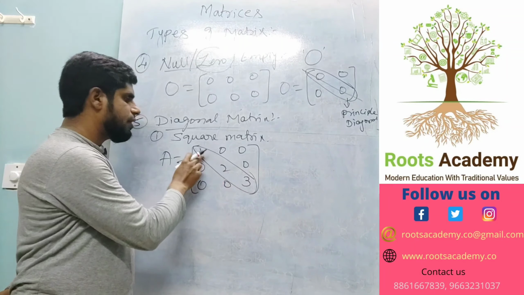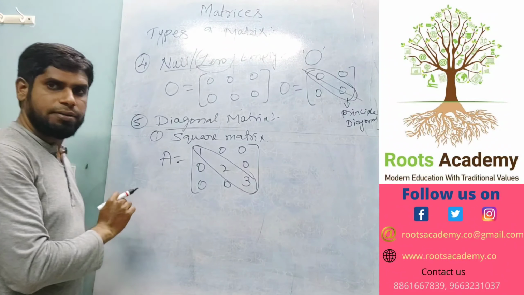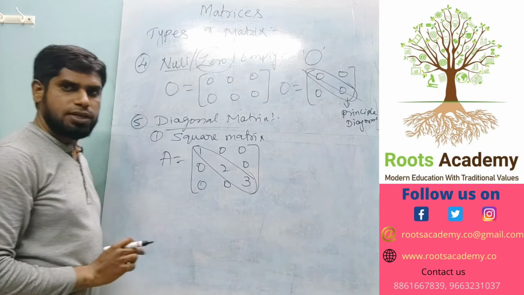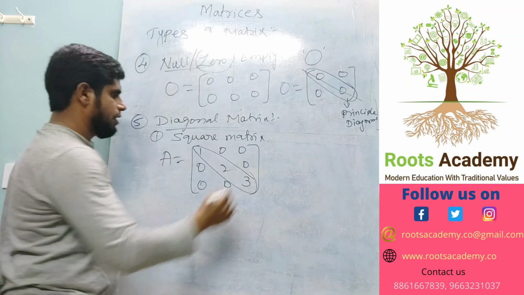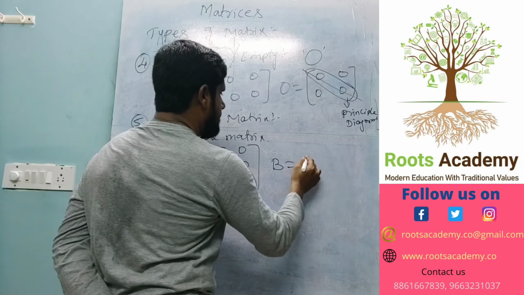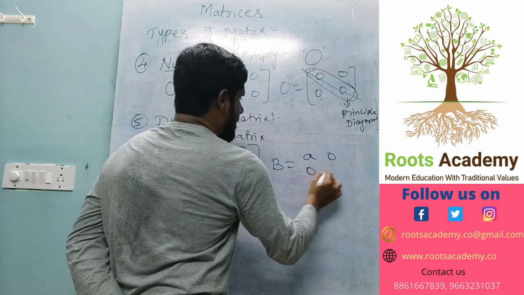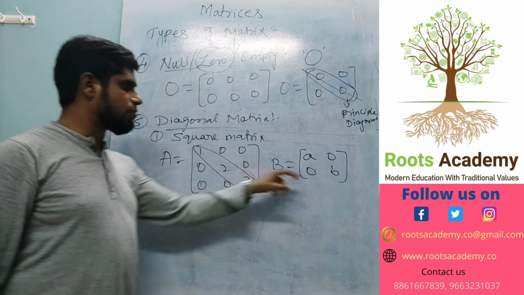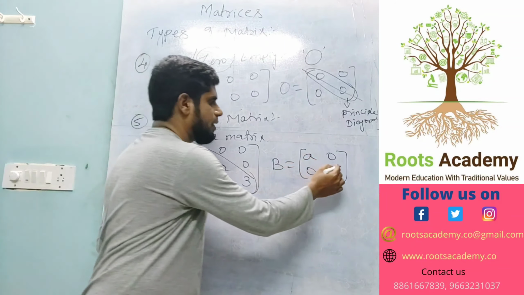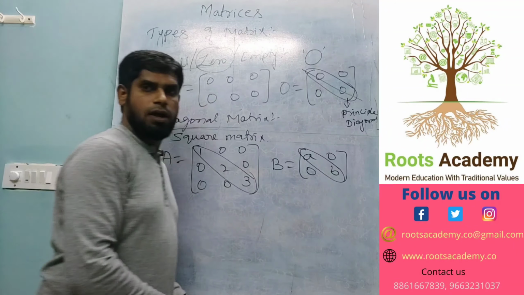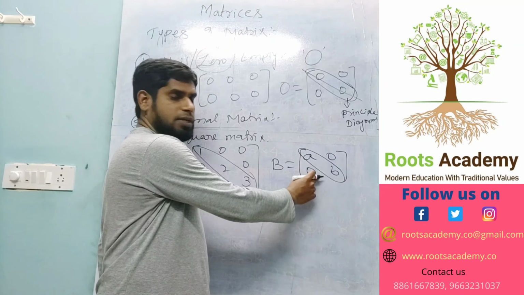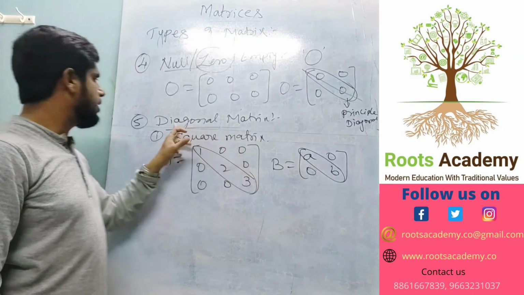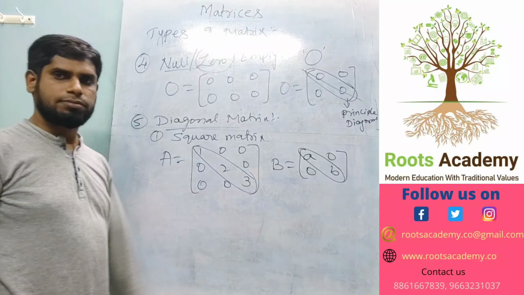Any one element may repeat, but in general all three elements must be different. Another example: in a 2 cross 2 matrix, this is the principal diagonal, and other than these principal diagonal elements, all elements are 0. So this is also called a diagonal matrix.